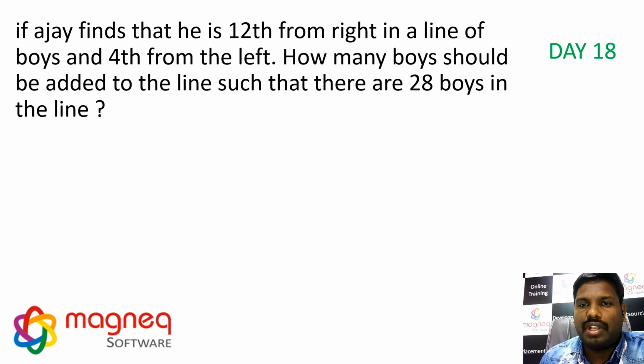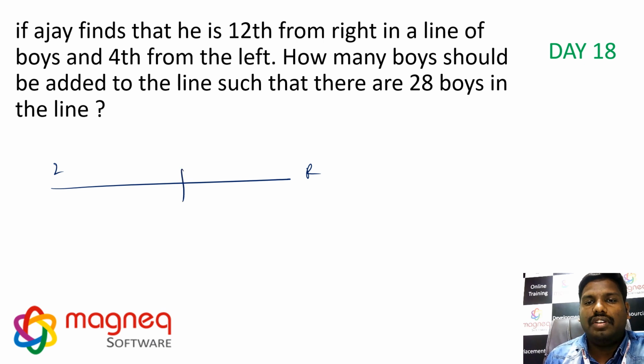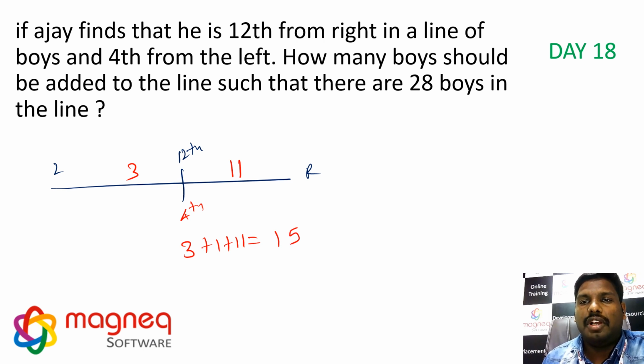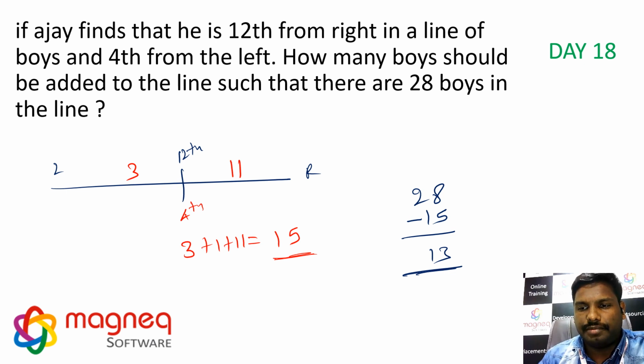How many boys should be added to the line such that there are 28 boys in the line? 12th from right means 11 persons, and 4th from left means 3 persons. 3 plus 1 plus 11, 15. 28 minus 15, 13. So answer 13. You have to add 13 boys.